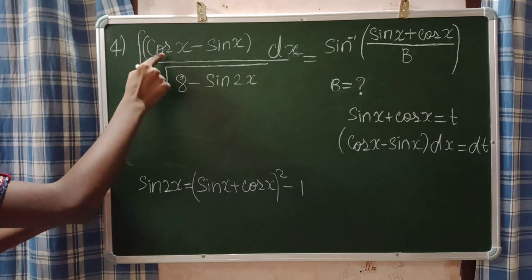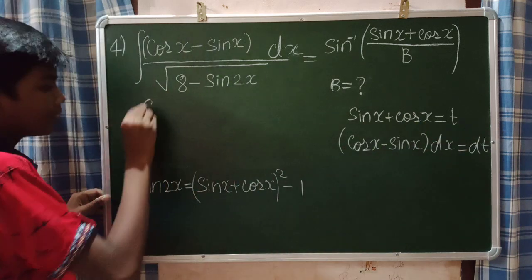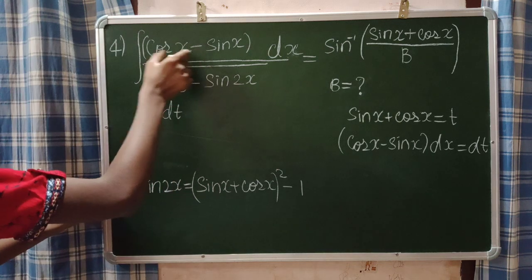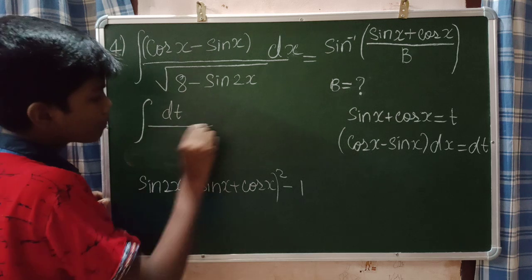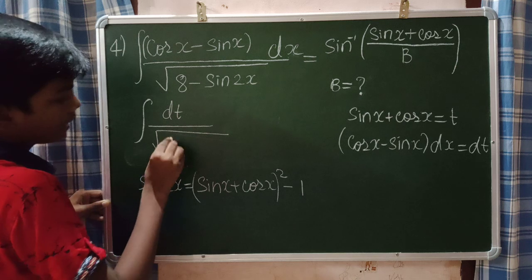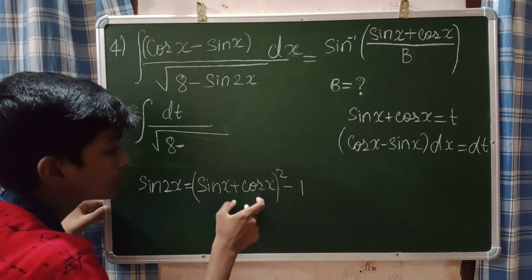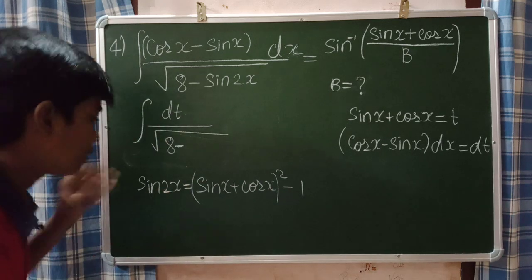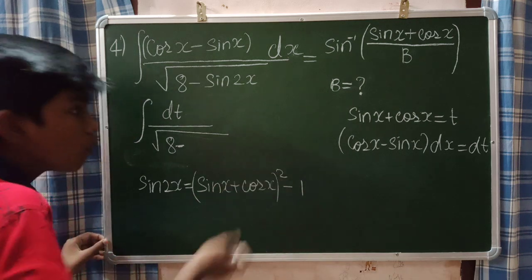So here, see, guys, cos x minus sin x dx, it looks like this form, right? So I can write it as dt, because it has the form cos x minus sin x dx. That is dt only. Then divided by root of 8 minus sin 2x. What is sin 2x? That is sin x plus cos x whole square minus 1, because that is what we derived before. Now, what is sin x plus cos x?